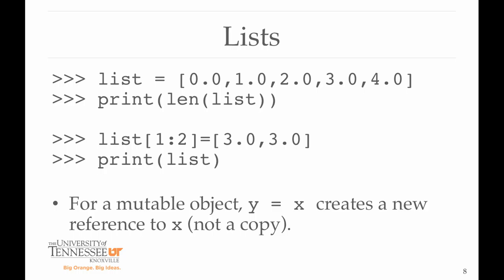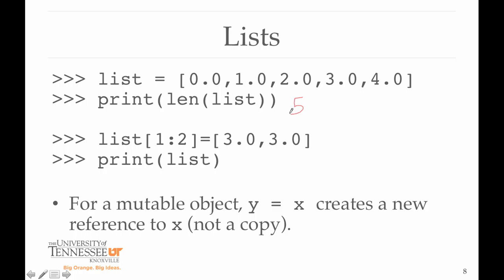You simply could access it by passing the name of the variable, in this case list, to the length function. And if I printed the length out for this particular list, what we would have is just 5. So it would print a 5.